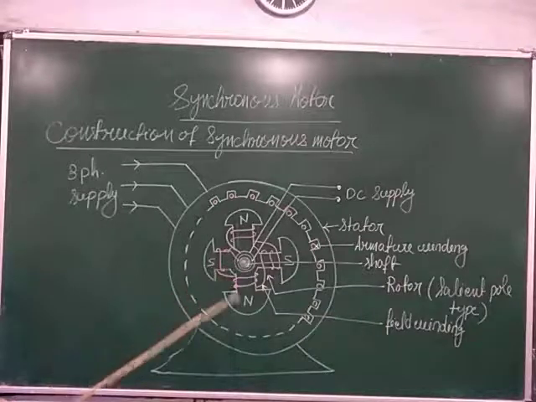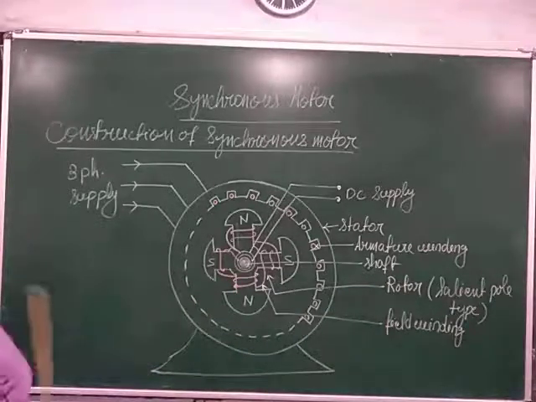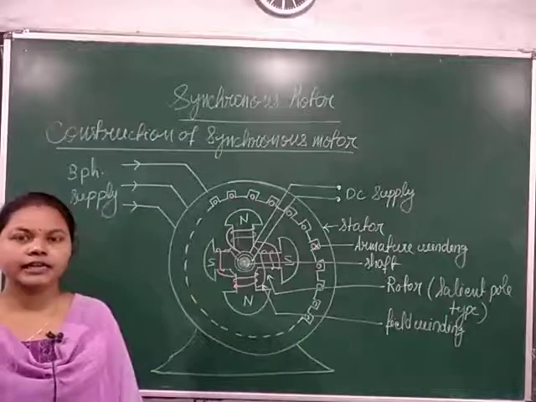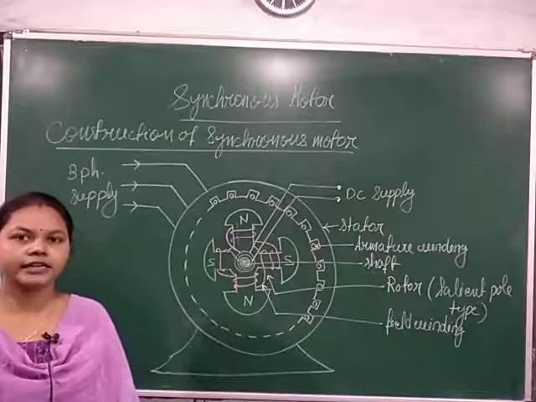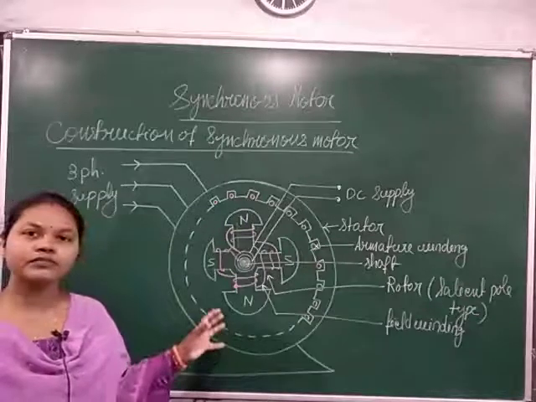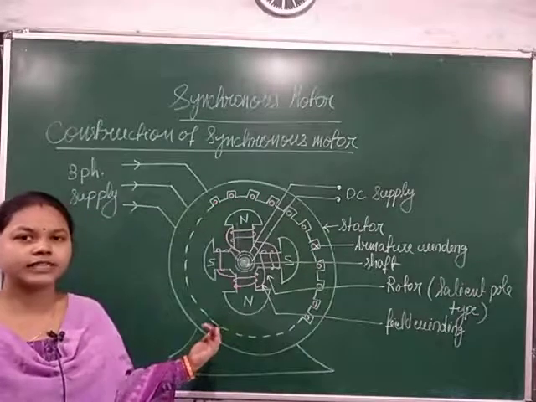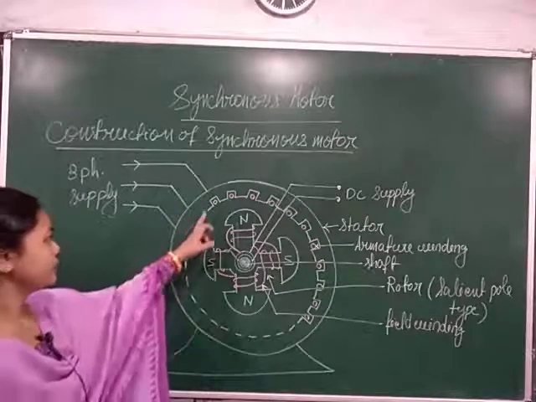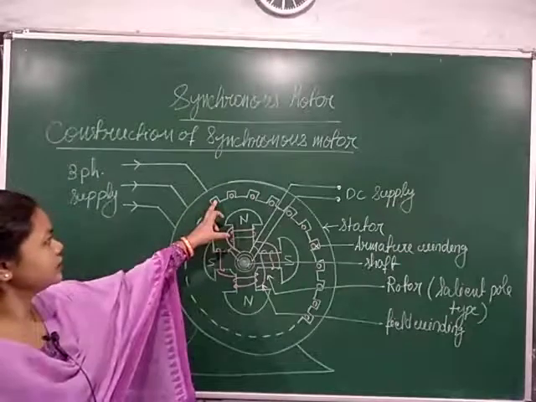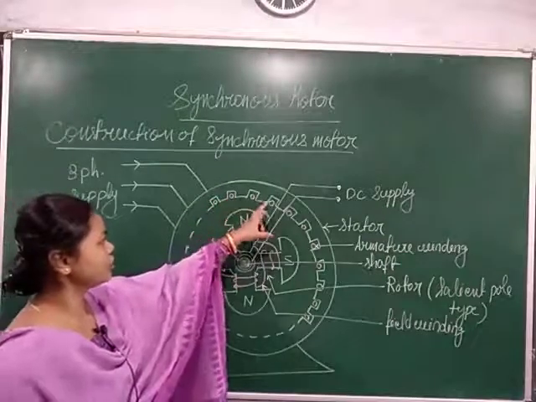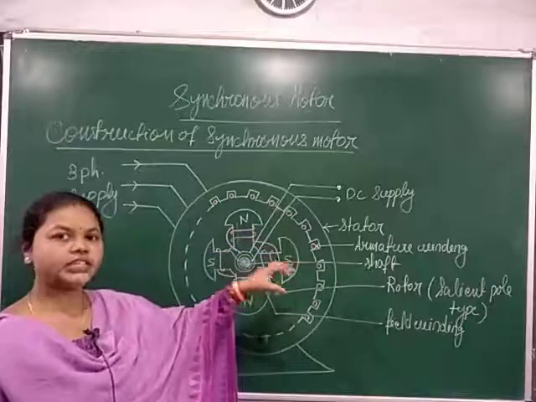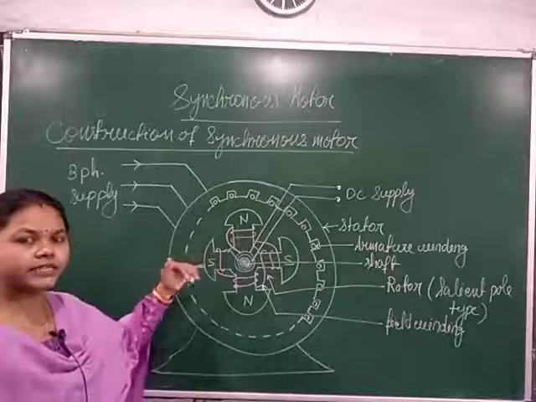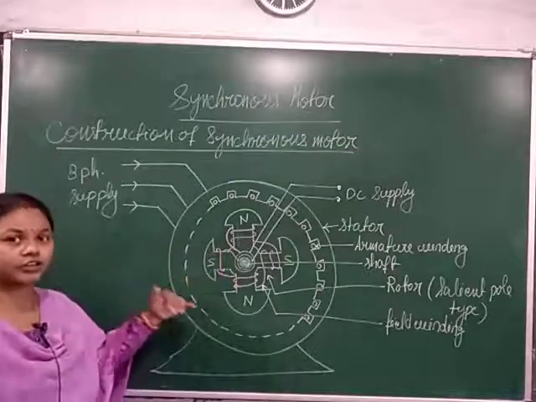And in the case of the synchronous motor, what happens? The synchronous motor converts electrical energy into mechanical energy. So let us discuss how the field and armature are excited. Here we study the three-phase synchronous motor.